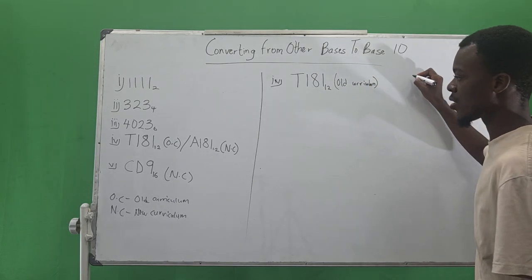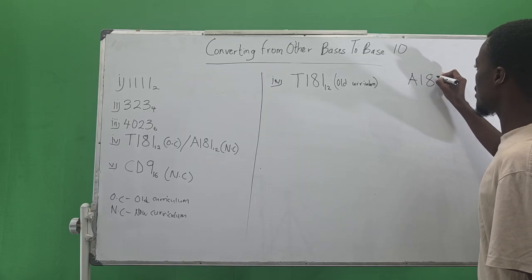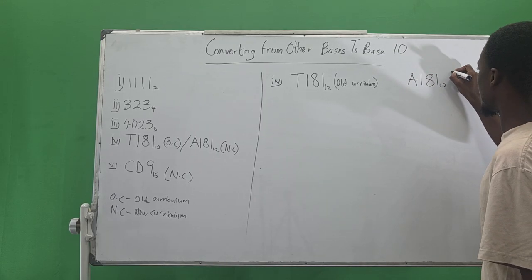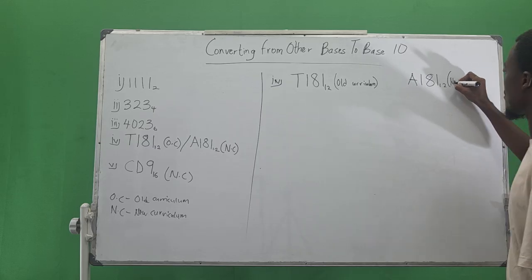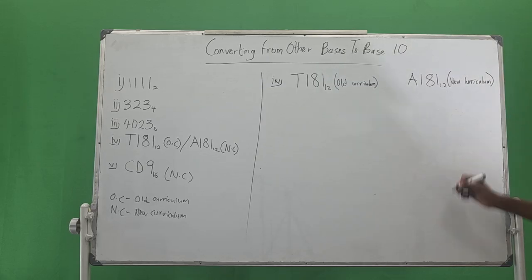Now I explained the new curriculum here, which is what? A181 base 12. New curriculum. It's the same question, but old curriculum and new curriculum, the same approach. So I just wanted to do it together.